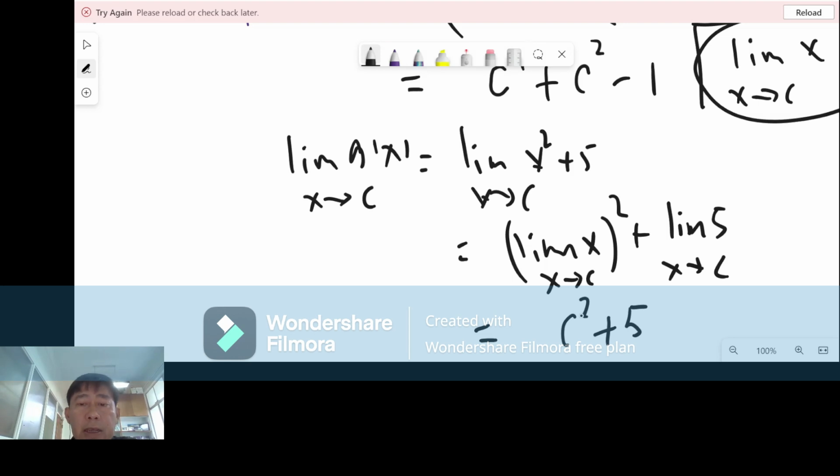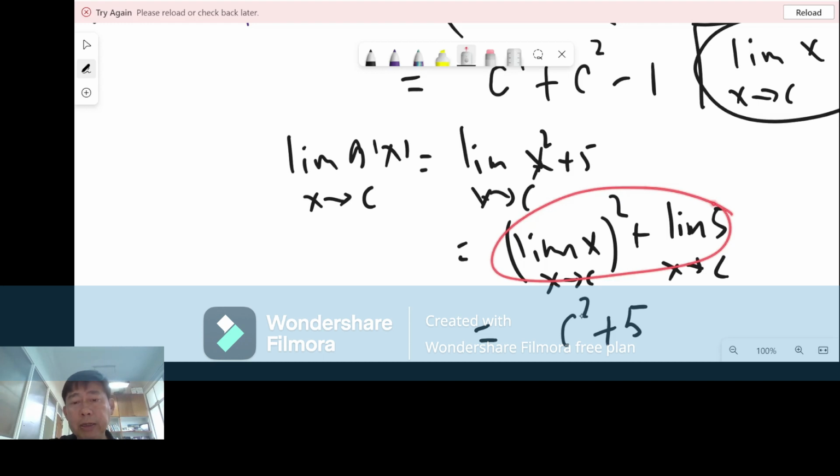And obviously, of course, if you are very smart, when you look at the expression of g(x), which is x squared plus 5, you don't need to write down this one, but you can just write down the final answer without even writing this down.